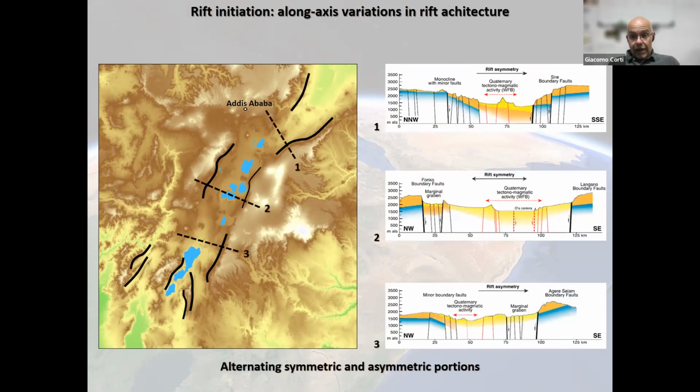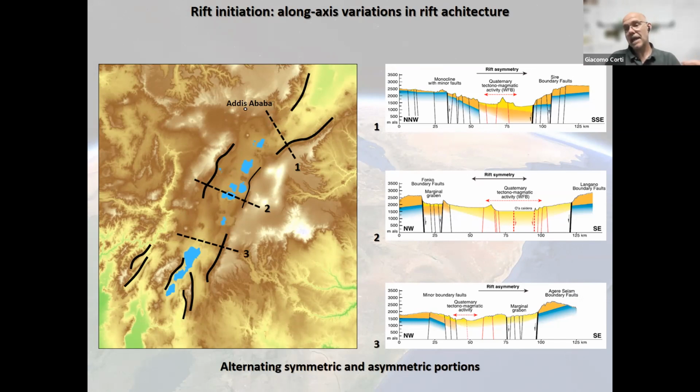If we analyze the along axis variation in the characteristics of the different sectors composing the Main Ethiopian rift, what we see is that we have a transition from sectors where the rifting is significantly asymmetric, like here, for instance, or in this southern part here, and other sectors where instead the rifting is more symmetric.